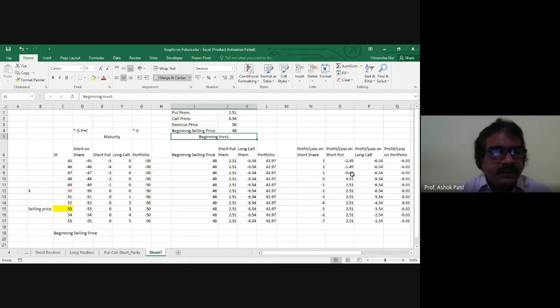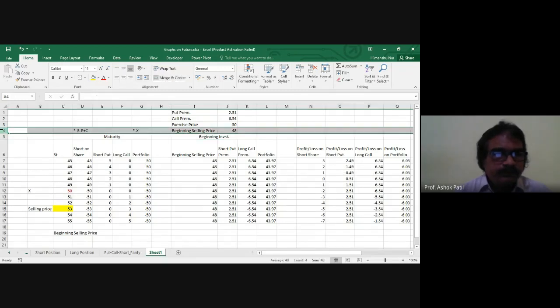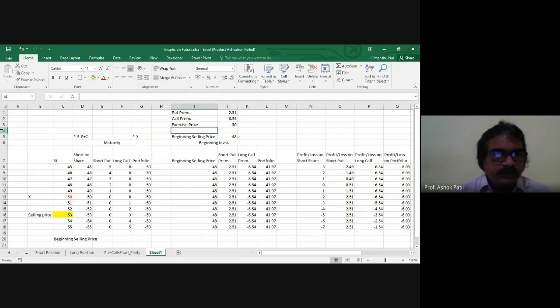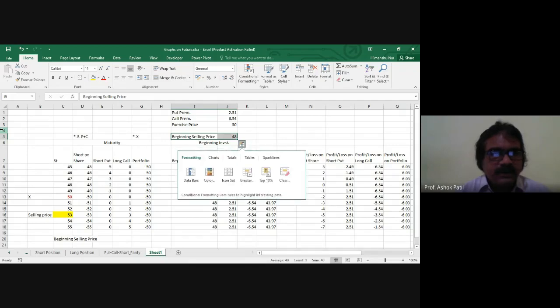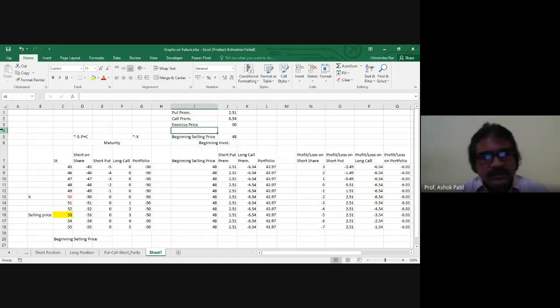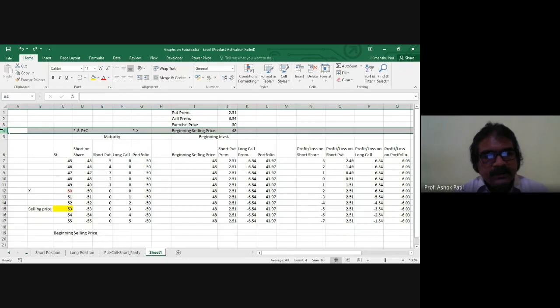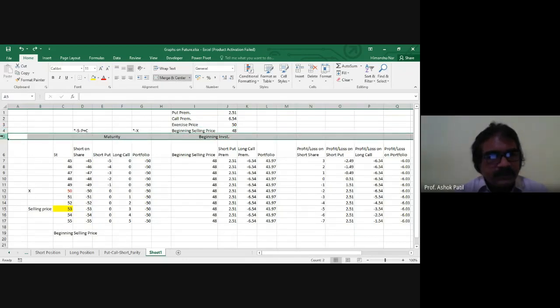So you do one thing, before row 5, add one more row. Yes, sir. Before row 5. No, not there. Before row 5. Control Z. Okay. No, Control Z. Okay, and select row 5. Insert row.